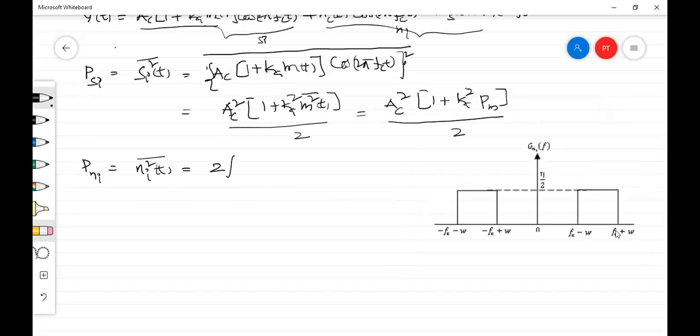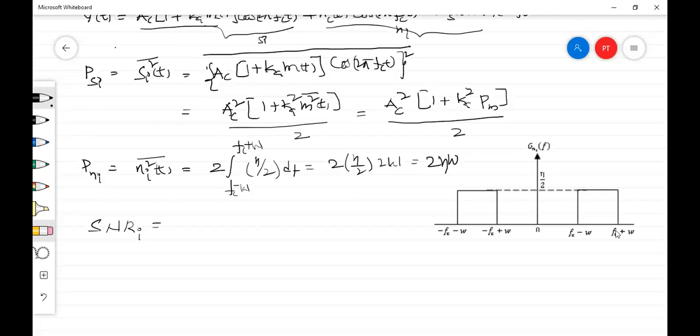So 2 into integral fc minus W to fc plus W of eta by 2 into df, and it is equal to how much? 2 into eta by 2 into 2W, and it is simply equal to 2 eta W. Now we can write input signal to noise ratio SNR I as the ratio of input signal power to input noise power, which is Ac square into 1 plus Ka square P sub M divided by 2.